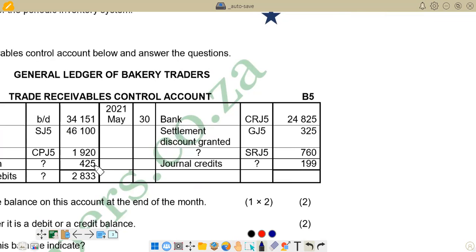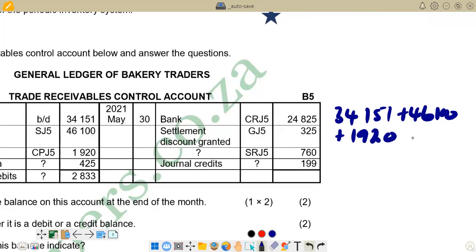This one is the bigger side, obviously. So we say 34,151, then we add 46,100, then we also add 1,920, then we add 425, and also we have 2,833. So this is what we have on the credit.